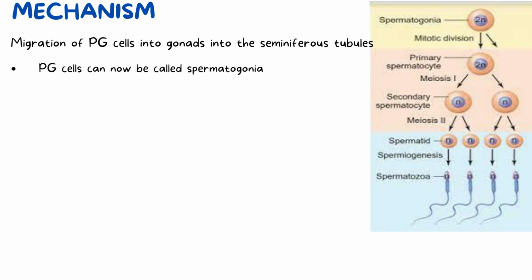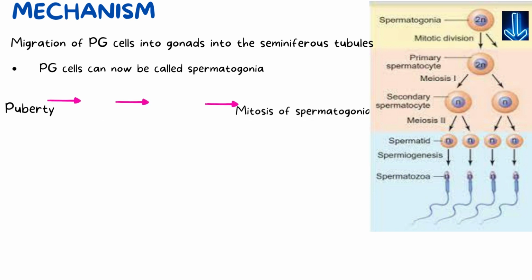At puberty, following the rise in the gonadotropin releasing hormone from the hypothalamus, which stimulates the anterior pituitary to release FSH and LH, the primordial germ cells, which can now be called the spermatogonia, undergo mitosis under the influence of FSH and LH to form primary spermatocytes.